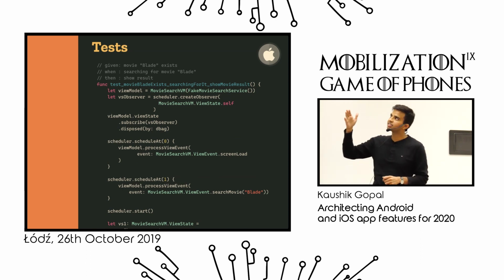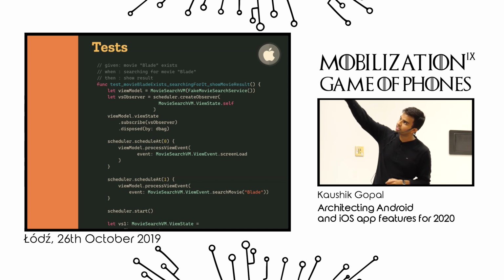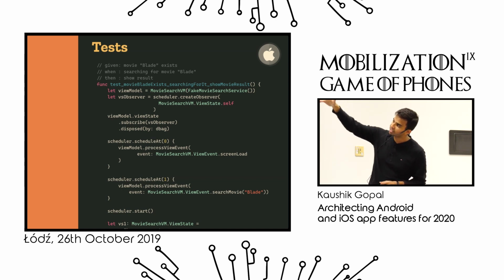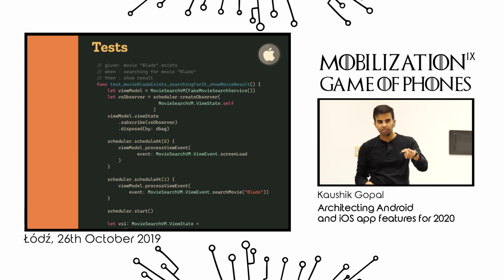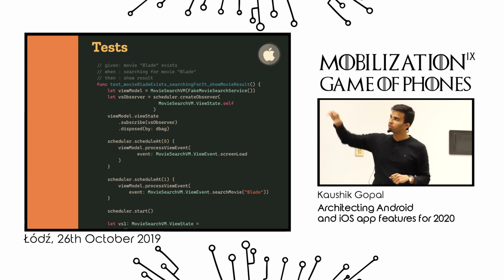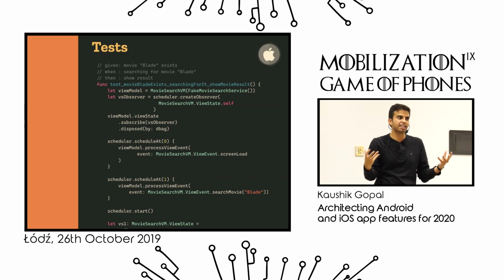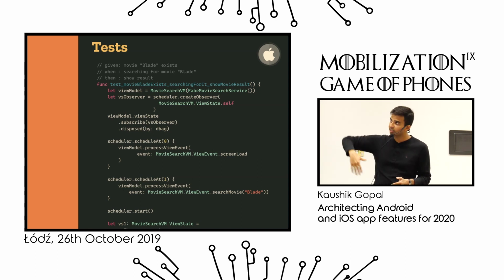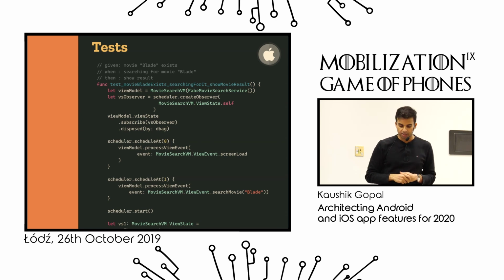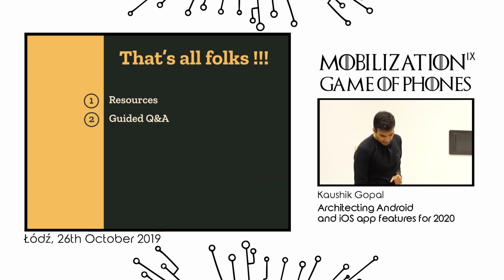A lot of these tests, literally what you do is you create the view model, you set up various events, you schedule the input events. So all I'm doing is saying send input event, send input event, send input event. And at the bottom, all I do is set up an expectation saying, I need to see this view state, I need to see this view effect. That's all my tests are. You can see all of the code is basically just me testing inputs and outputs. So that's what the tests look like.